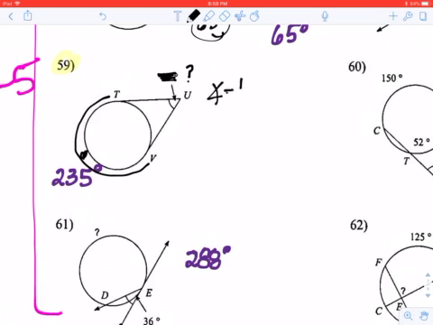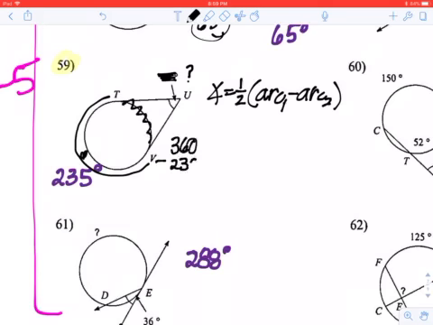So it's still going to be the formula 1/2 of the big arc minus the small arc. So you're subtracting again. But I don't know what the small arc is. So in order to find this small arc, you do 360 minus 235, which is 125, and then you do your formula.